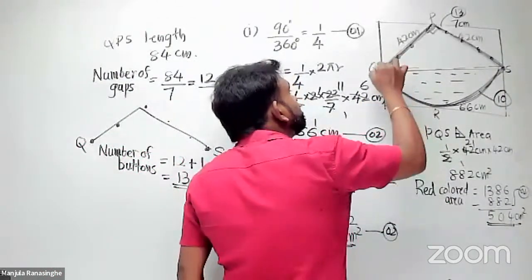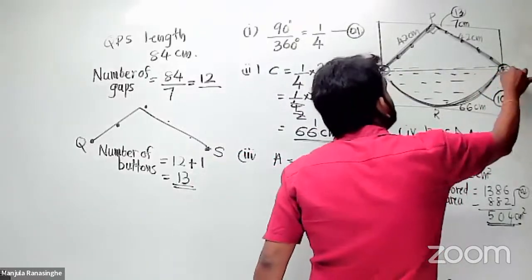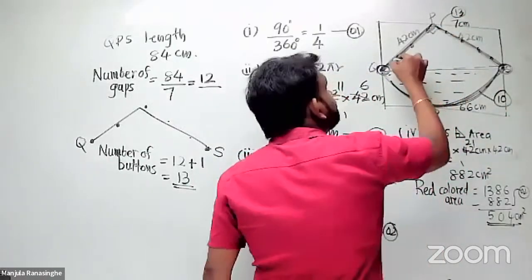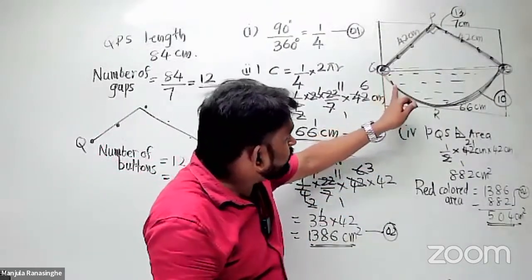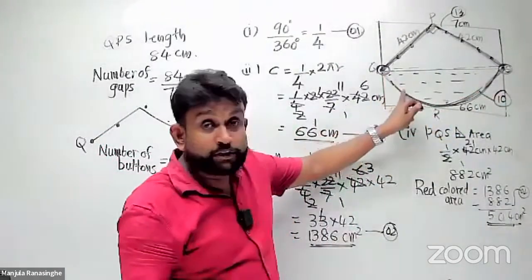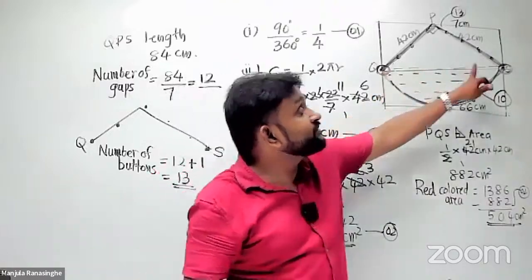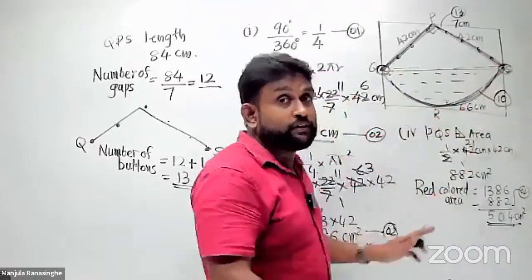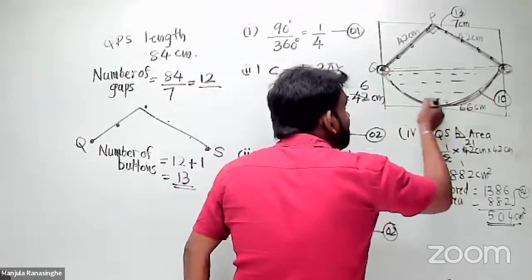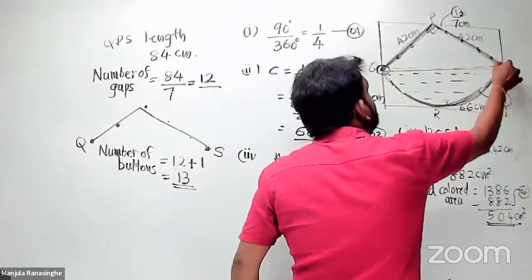Here one button taken, here one button taken. These two are included in the 13. So the balance between them is 10. For these two we have another 2.